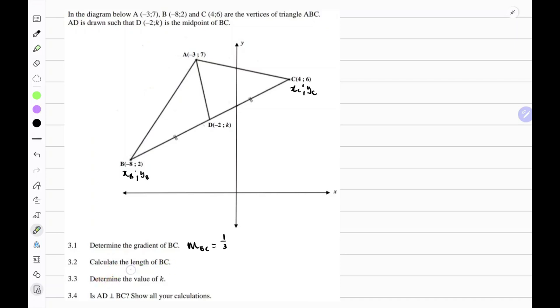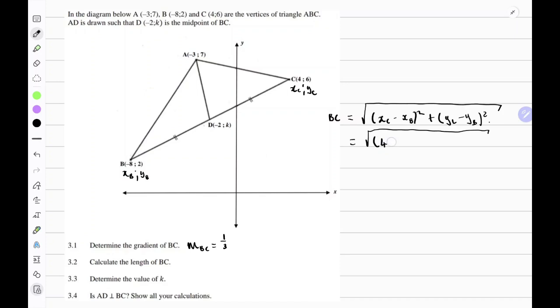The second question says calculate the length of BC. To find the length of BC, we can apply the distance formula. So BC is equal to the square root of xc minus xb the whole squared plus yc minus yb the whole squared. We can just substitute: xc is 4 minus xb, minus 8, the whole squared, plus yc is 6 minus 2 the whole squared.